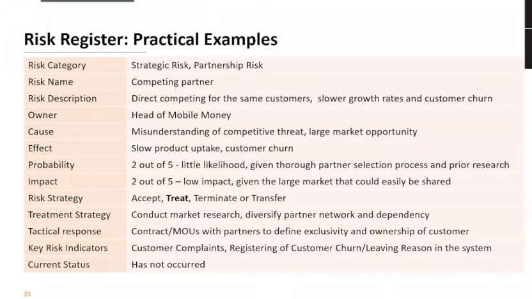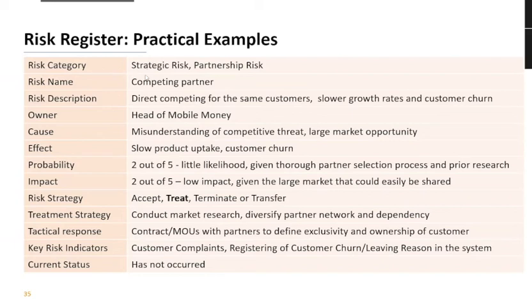Now I'm going to talk about the so-called risk register that I was mentioning, which is basically a matrix where you have the risk-related information with its descriptions, with the ownership, with the approaches, etc. And with a practical example, I have two examples here.